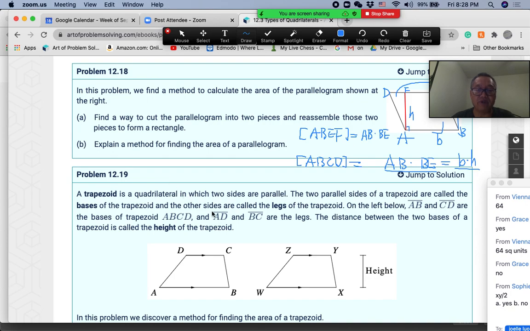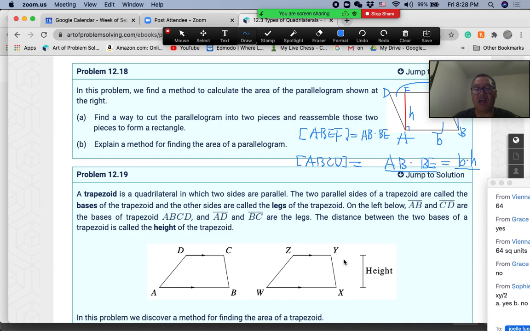Now let's see 19, trapezoid. A trapezoid is also a quadrilateral. You have one pair of sides parallel to each other. Let's say this one is ABCD. AB is parallel with CD, right? In this trapezoid, ZY is parallel with WX.